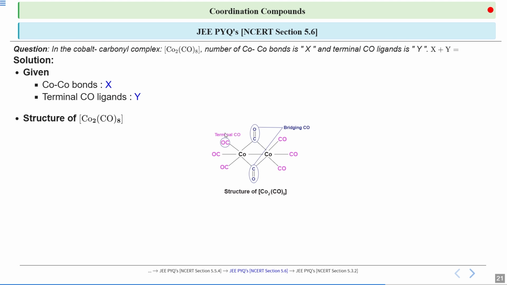And these pink ones are terminal carbonyls, because they are present at the corner of the structure.